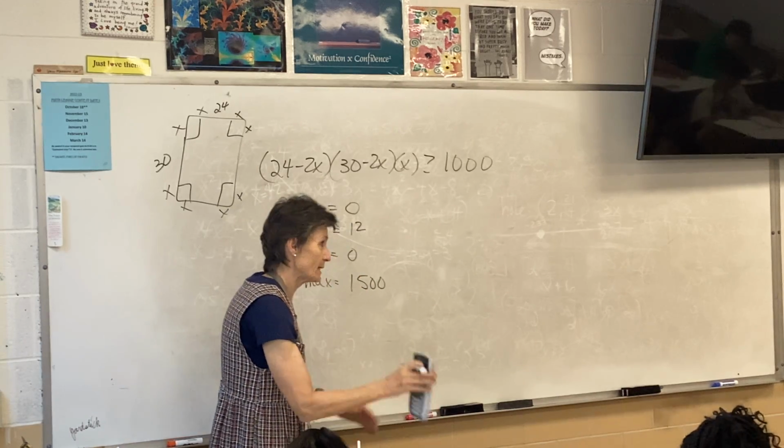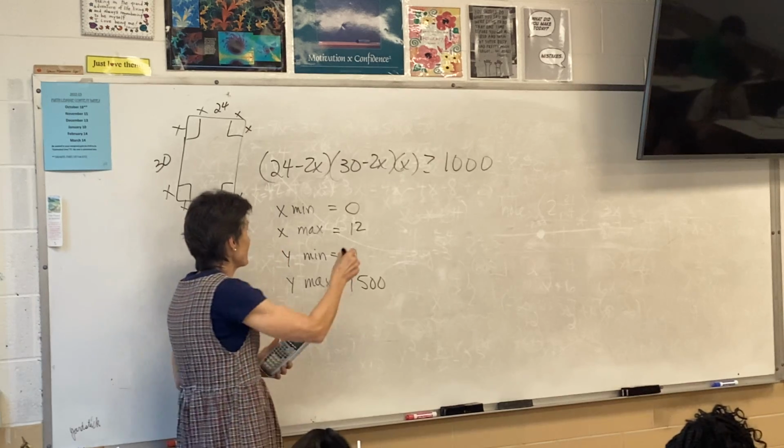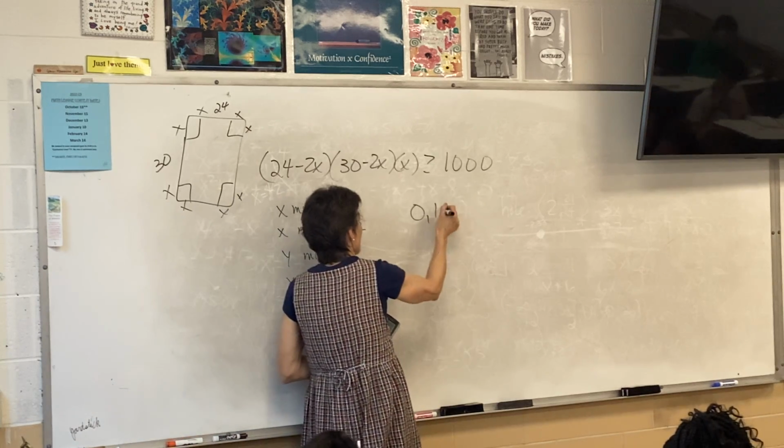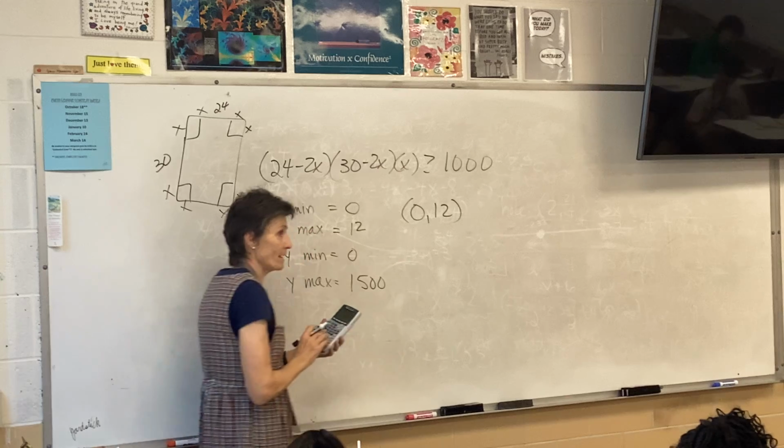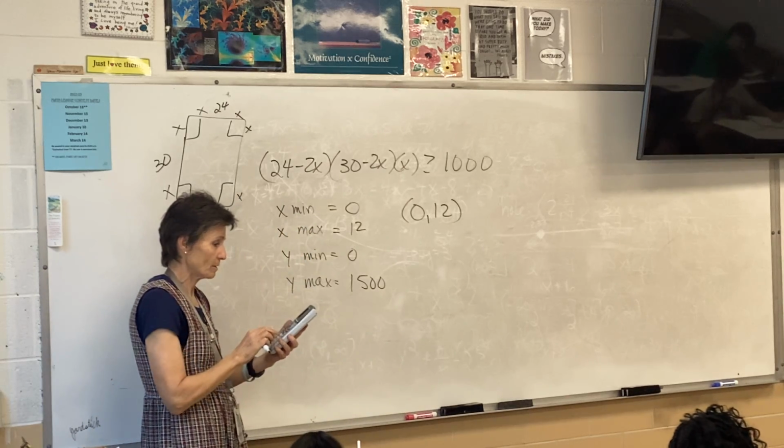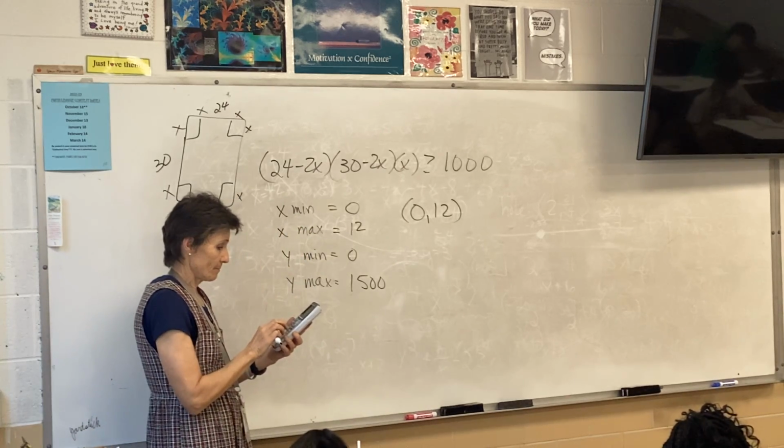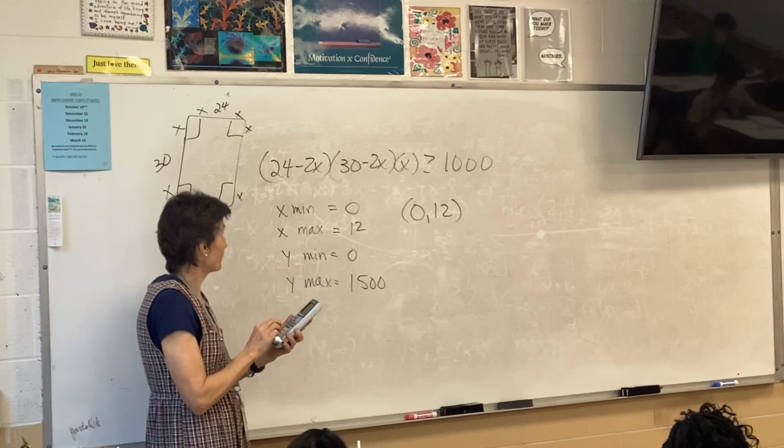All right, let's see if we can answer the question then. This is my domain. My domain would be 0 to 12. That's your domain to answer that part of the question. All right. Here we go.